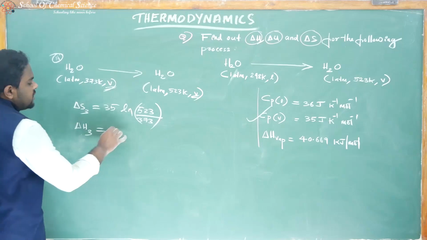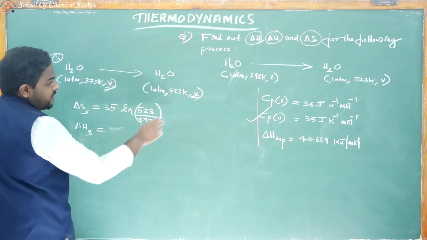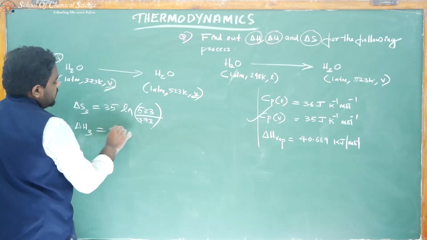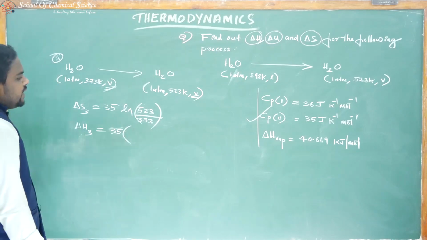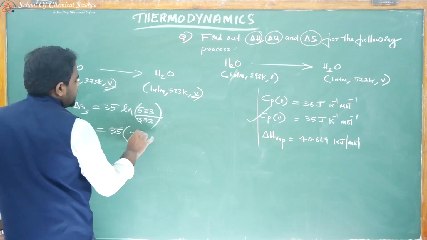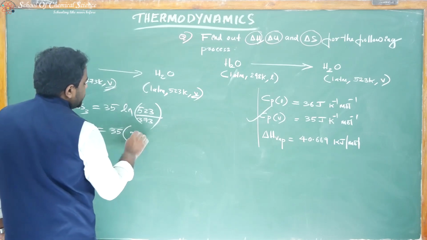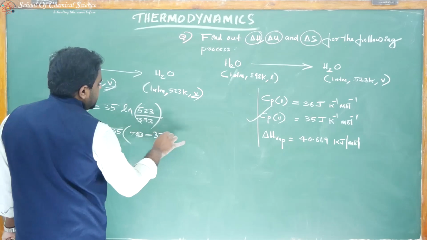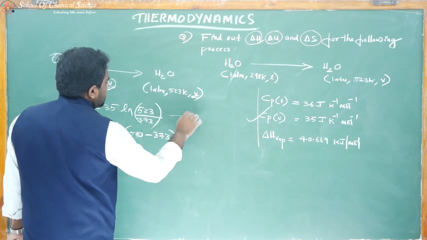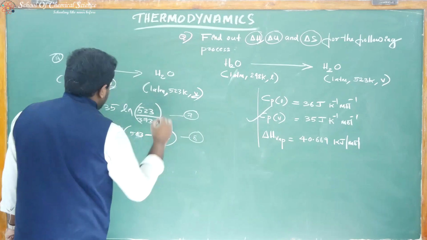So delta H3 is equal to CP of vapor, which is equal to 35, into T2 minus T1, right? 523 minus 373, equation number 7, equation number 8.